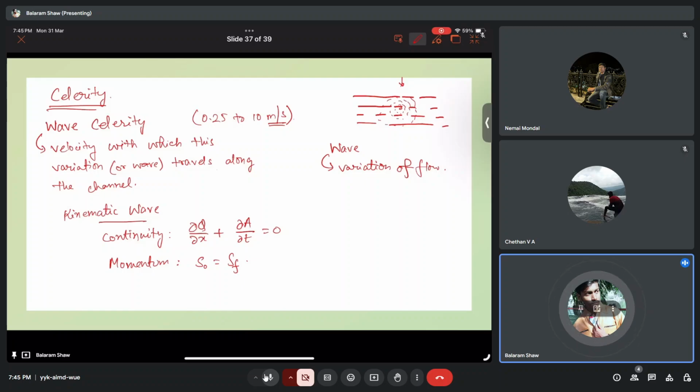So in the kinematic wave model, the momentum equation is replaced by the uniform flow equation, for example Manning's equation. Manning's equation: V equals 1 by n, R to the power 2 by 3, S to the power half. Now this S term will be replaced by the SF term or S naught term. Hence you can write the continuity equation Q equals A times V, and from here you can get whatever you need. And remember, R can be written as A by P, where A is the wetted area and P is the wetted perimeter.